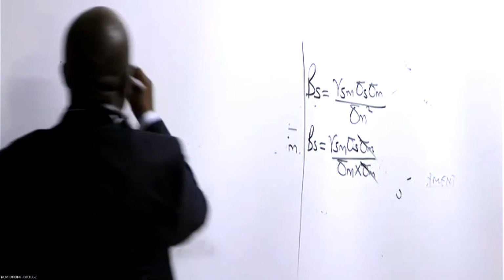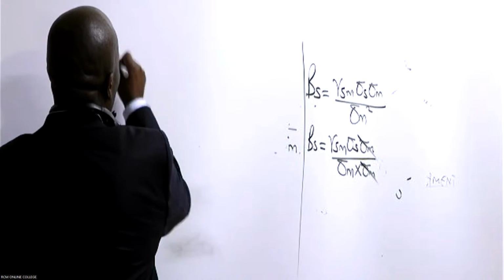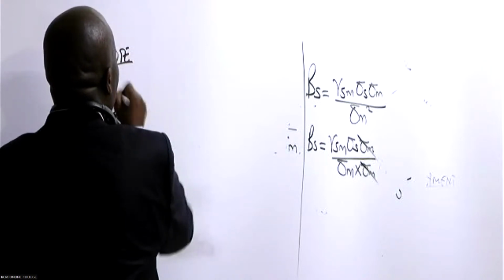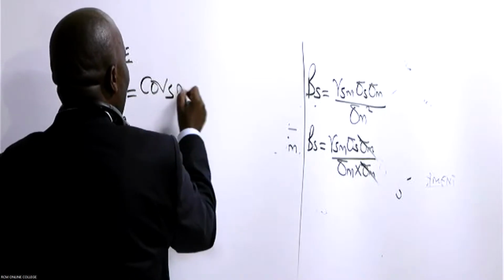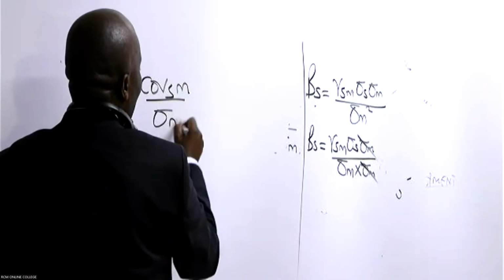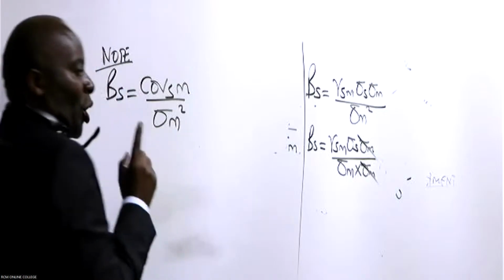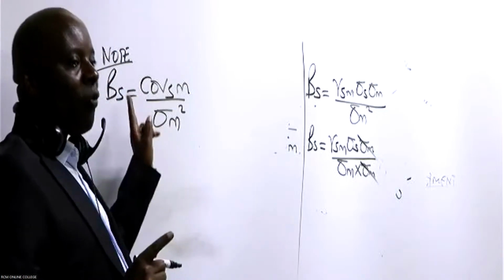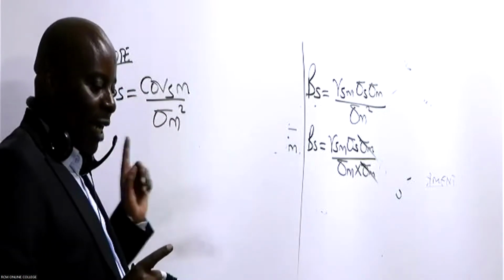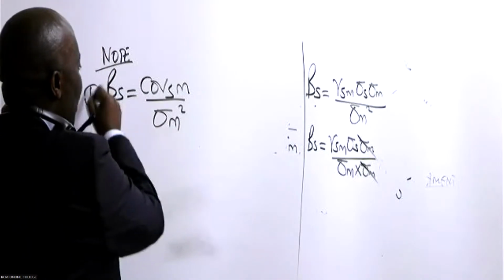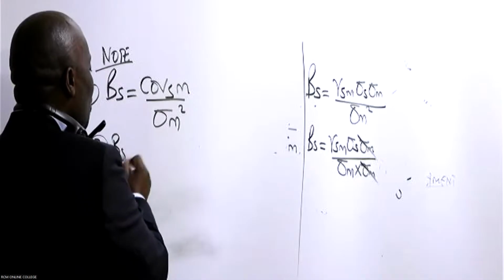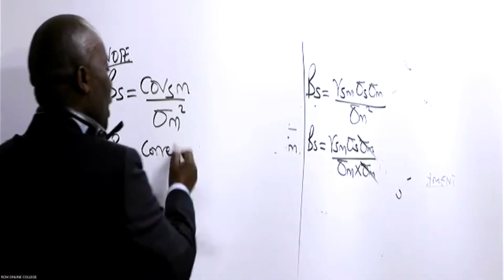Number one, a very important note: to get beta of a security, you take covariance between S and M divided by the standard deviation of the market squared. We call this the covariance approach of getting beta. Number two, you can also use what we call correlation.